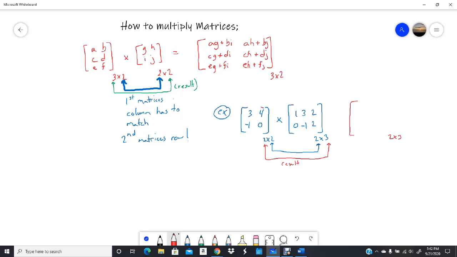So we take the first row and we multiply with the first column. So this would be 3 times 1 plus 4 times 0. Then we take the first row, we multiply it with the second column. 3 times 3 plus 4 times -1.